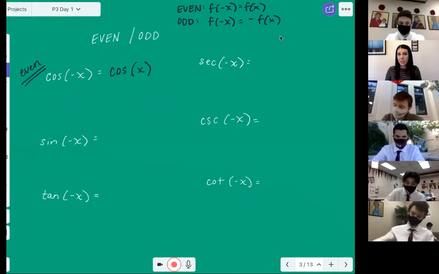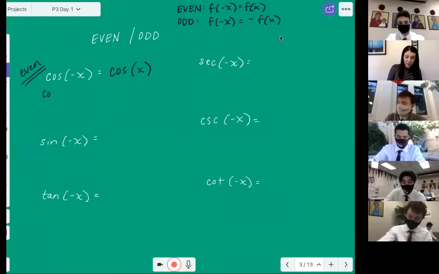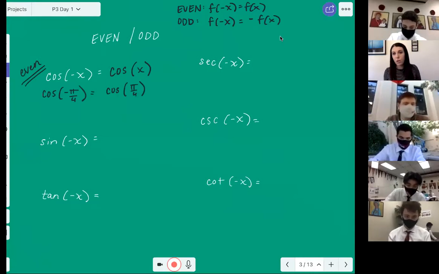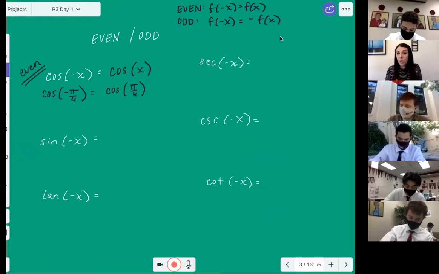Okay, cosine is an even function. Meaning if I have something like cosine of negative pi over 4, that's going to be exactly the same as what I would get if I plugged in a positive pi over 4, no matter what the angle is. If I plug in a negative value, I'm going to get exactly the same thing as if I plugged in the positive value, which you can even imagine, right?